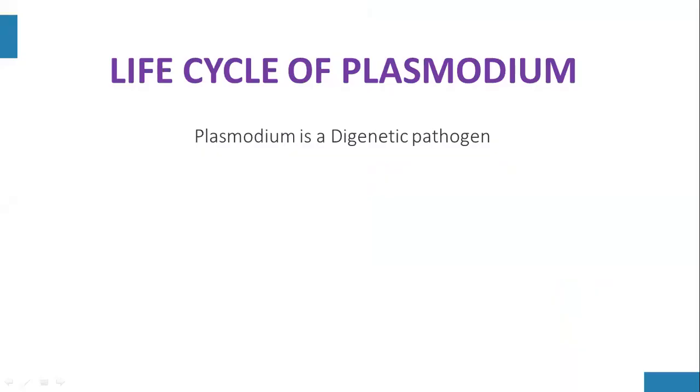Life cycle of Plasmodium. Plasmodium is a digenetic pathogen. Recall yesterday I spoke of one protozoan disease, amoebic dysentery, where I said the flies are carrying this pathogen towards the human being.